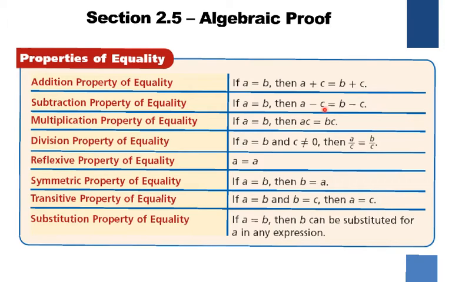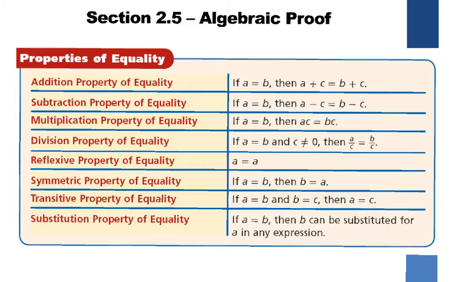We can subtract the same thing from both sides of the equation. And then the multiplication property of equality, same thing, multiplying both sides of the equation by the same value. And then the division property of equality, same thing, except in this case our value of C is not going to be equal to 0. That has got to be stated because we can't divide by 0, you know that, or else we have an undefined answer.